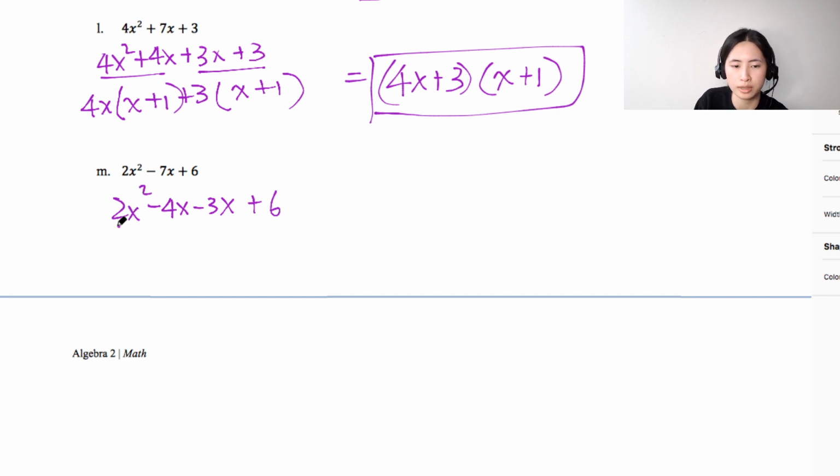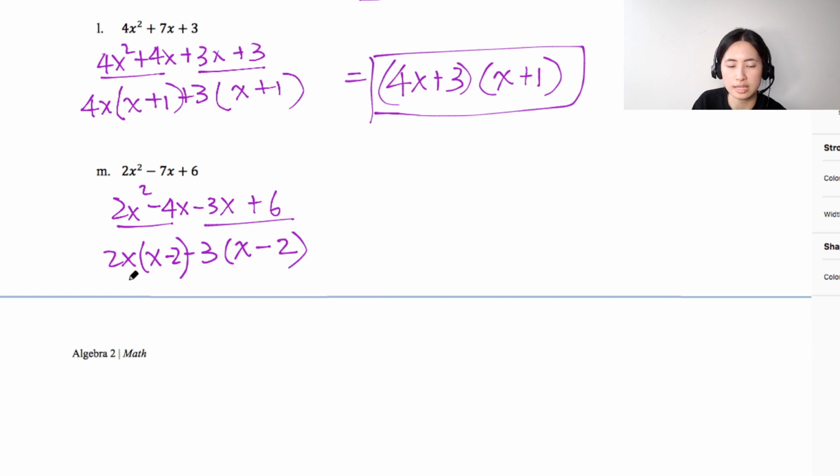The reason I'm grouping this way is because if I have the negative sign, the greatest common factor on this side would be negative 3, so I would be left with x minus 2. On the other hand, if I take out the greatest common factor, which is 2x, I'm left with x minus 2, close bracket, negative 3. Therefore, you can see that x minus 2 and x minus 2 are similar terms. That's why grouping is possible. So you would have 2x minus 3, and then you multiply this by x minus 2.